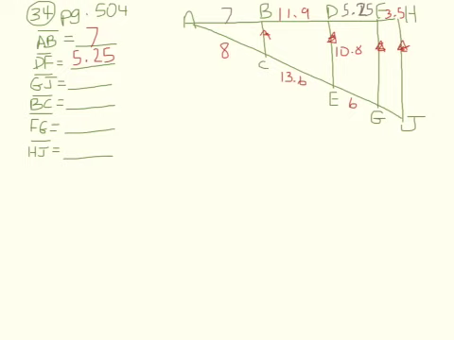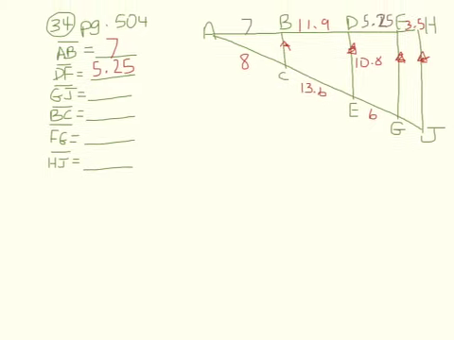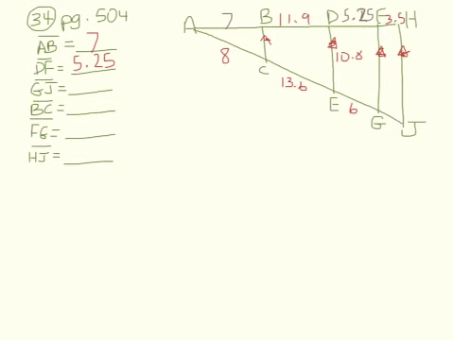So I'm going to skip over finding GJ, that other side segment, because that's just found the same way that we found DF. Just kind of enlarge your triangle and set up a proportion. But I do want to show you finding BC here, because this is a bottom segment and not a side segment.